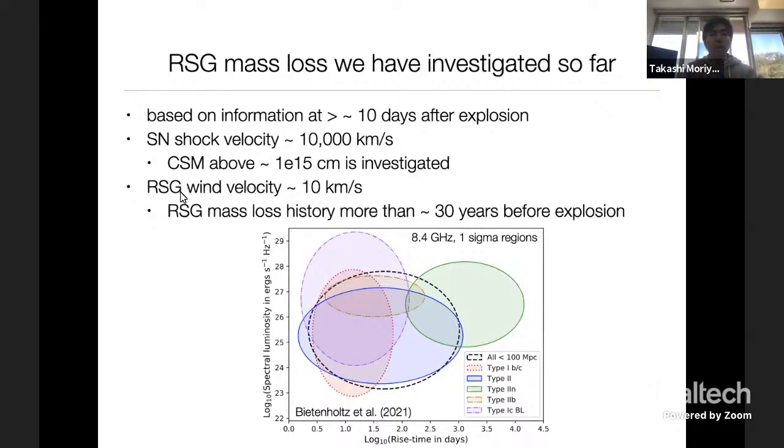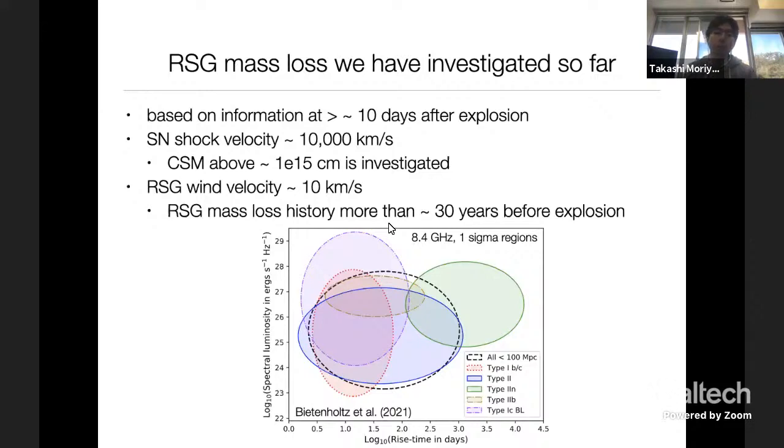The typical red supergiant wind velocity is about 10 kilometers per second. So for the wind to reach 10^15 centimeters, it takes about 30 years. So if we are looking at circumstellar matter above 10^15 centimeters, we are tracing the red supergiant mass loss history more than 30 years before the explosion.